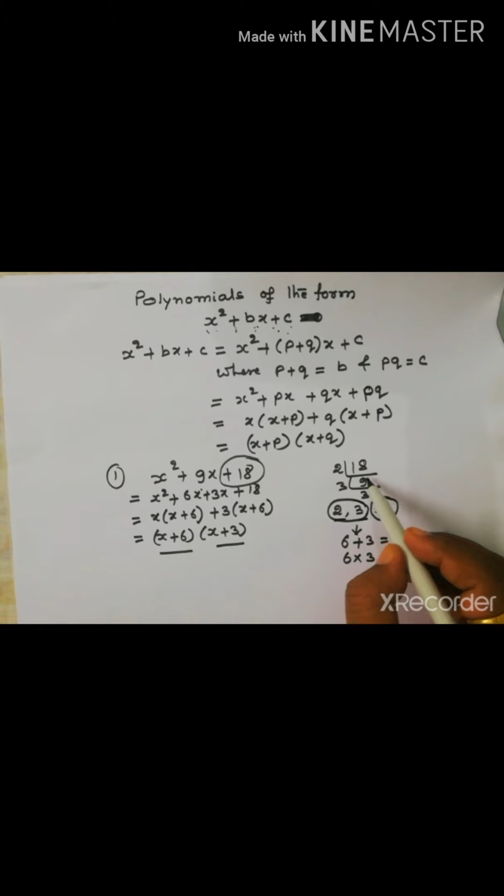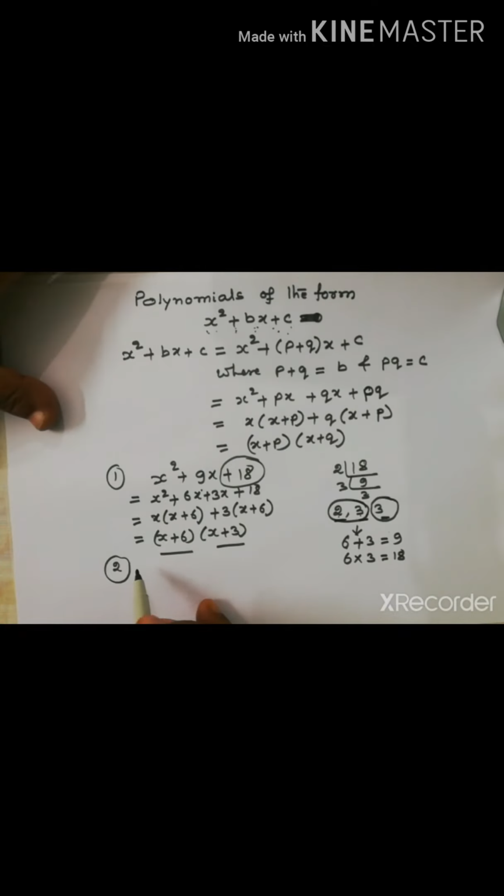So this 18 should be factorized by these numbers. So 2, 3, 3, these are the numbers we are getting from 18. So with the help of these three numbers, you have to find two digits whose sum should be 9 and whose product should be 18. So 6 and 3 we are getting.